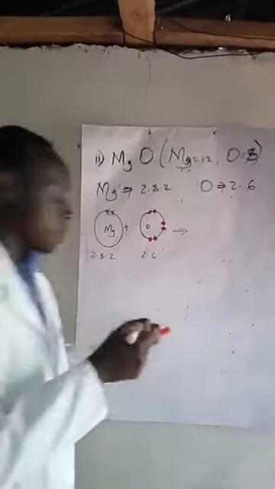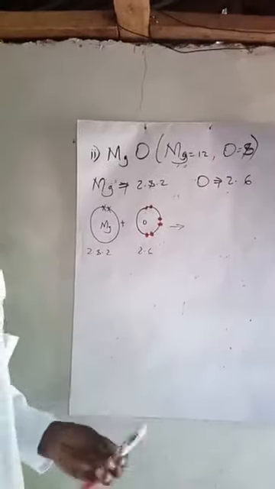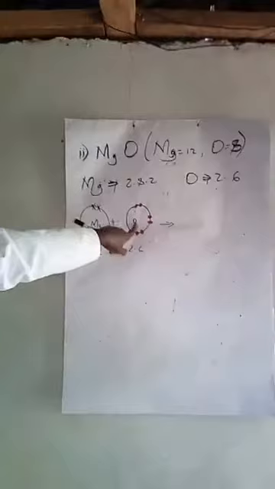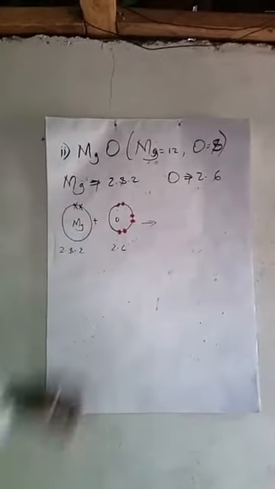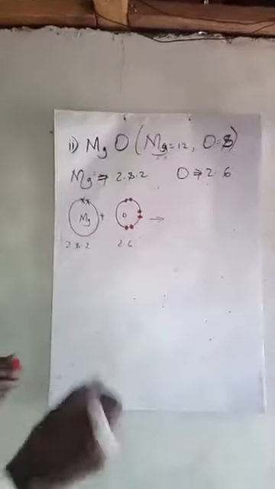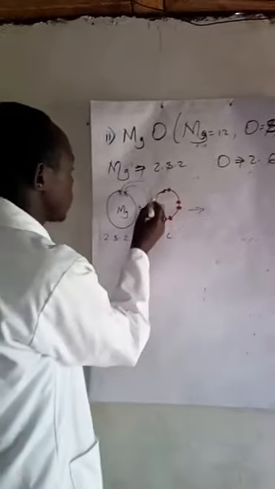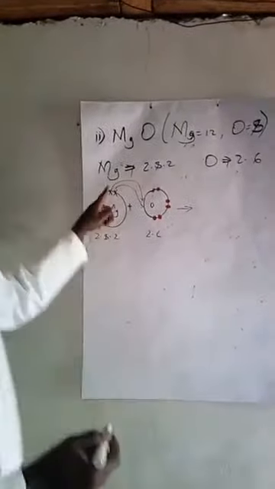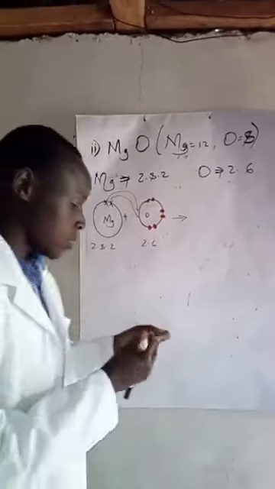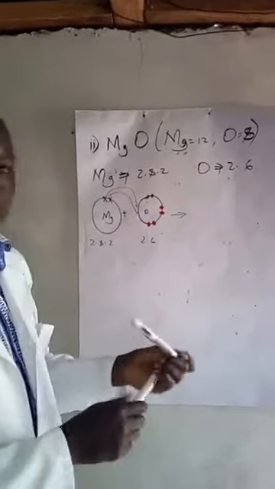Now, ionic bonding involves complete transfer of electrons. Because oxygen requires two electrons to be stable, these two are lost by magnesium and they attach there. It's not a must you show this. I'm just showing you for the purpose of understanding.